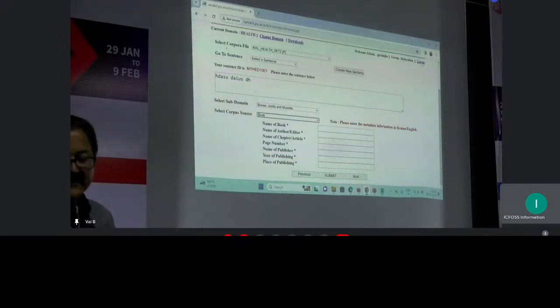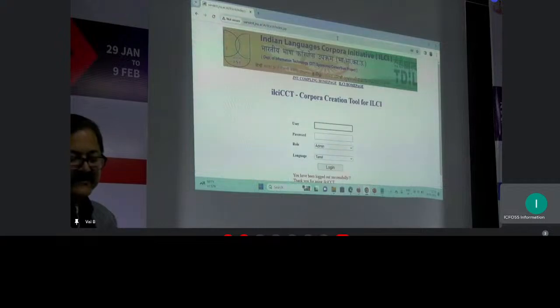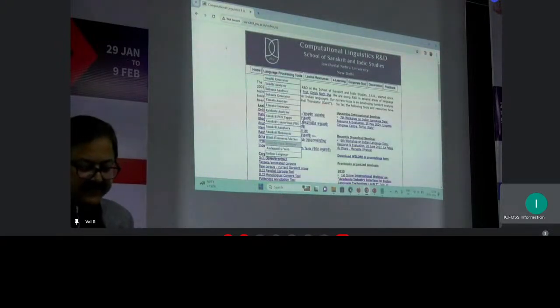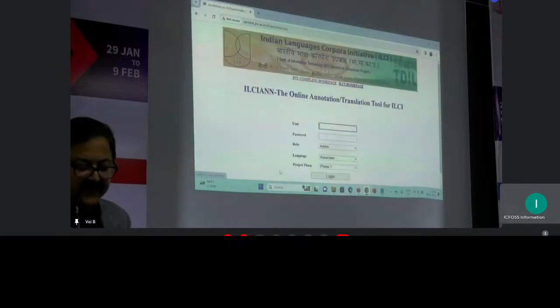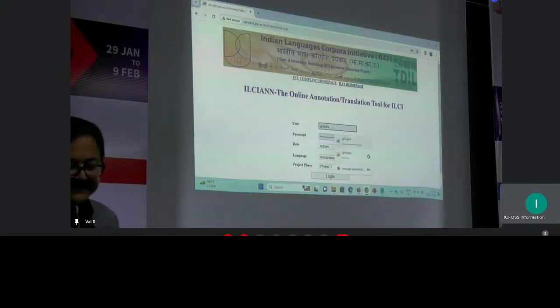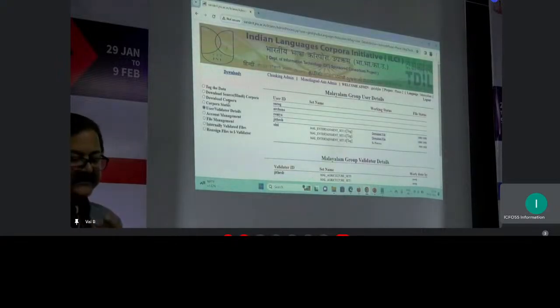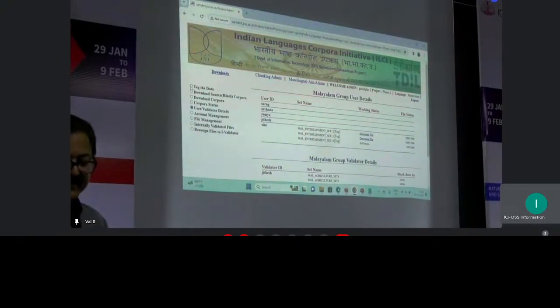And I can go to the other tool. Here I can do translation. So let me do Malayalam again. Page 2. This is a live stream, so I can show you the data from the people who work here.